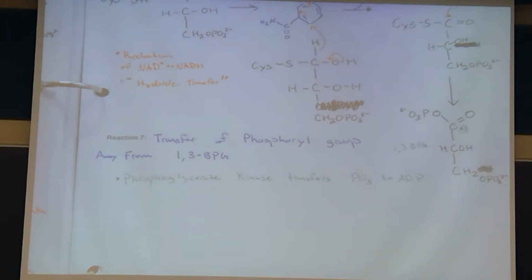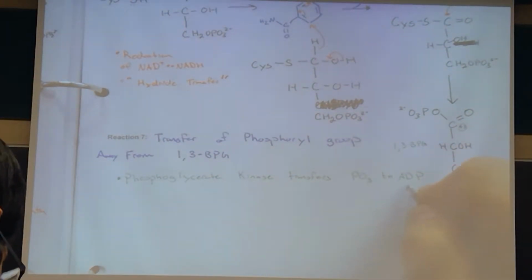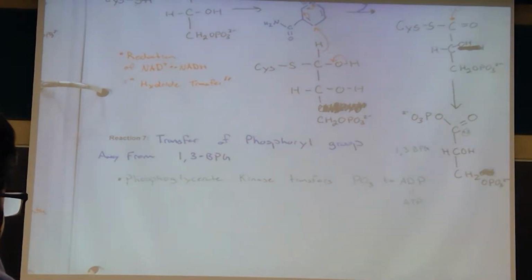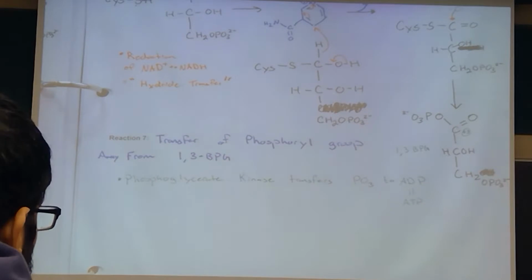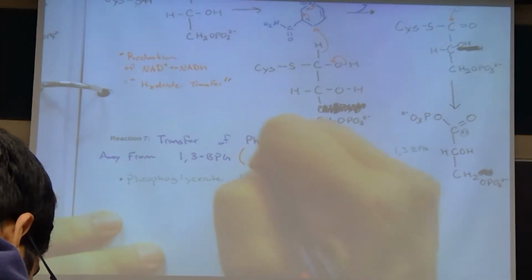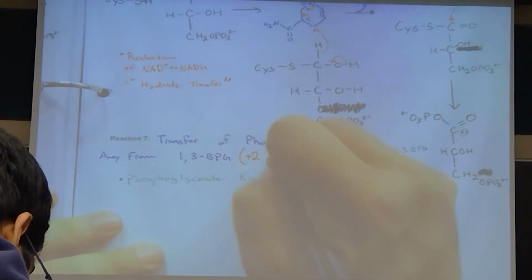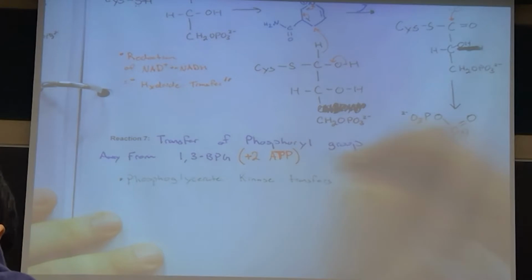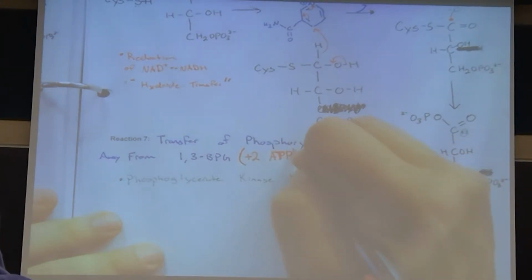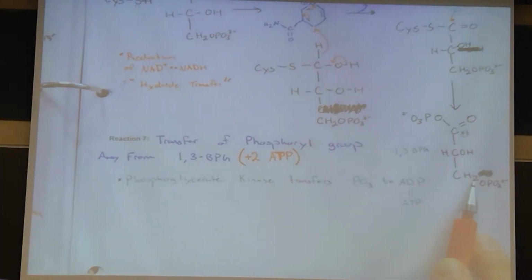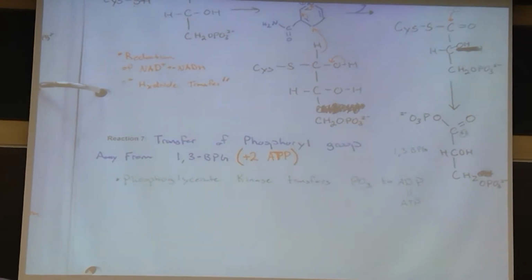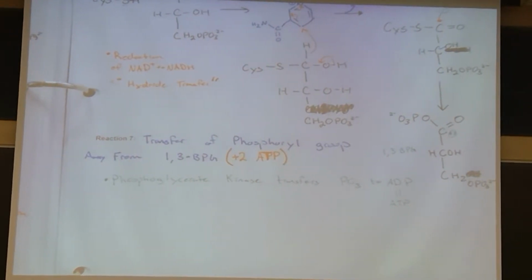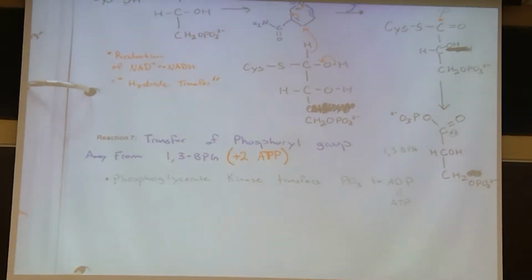Transfers our phosphoryl group to an ADP, which leaves us with ATP, right? So this gives us a net gain of 2 ATP, right? Net gain of 2 ATP. Why? Because we have 2 1,3 BPGs from one broken down glucose. So this is a net gain of 2 ATP.